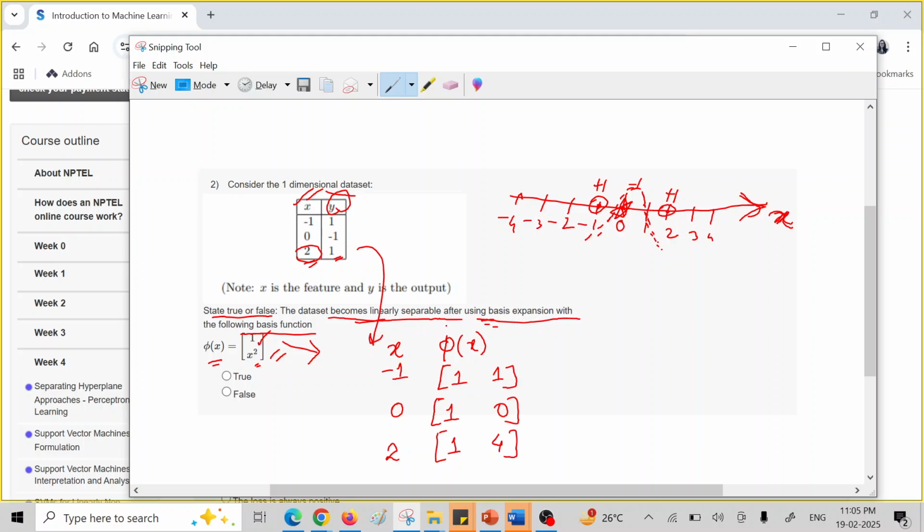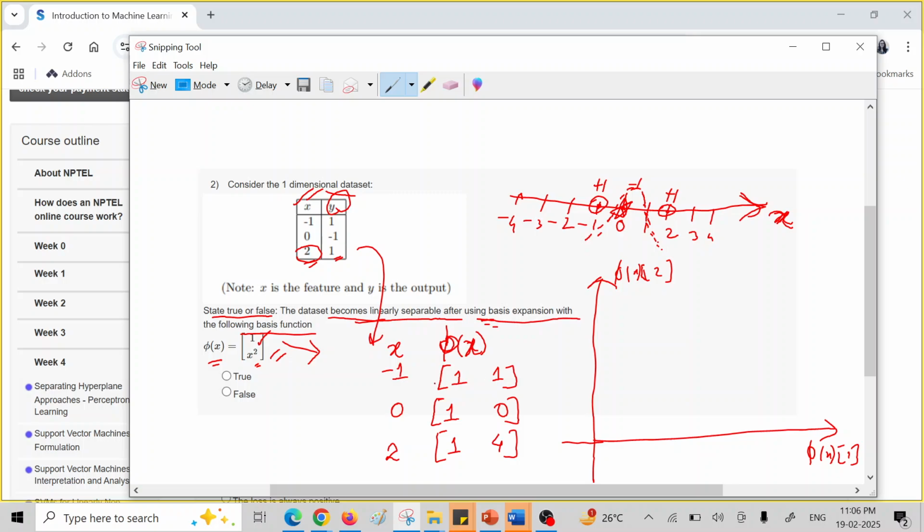Now I will be plotting this phi of x data. This is now a 2-dimensional data, so I am trying to have a 2-dimensional coordinate system. In the x direction it will be the first column value, and the y direction the second column value.